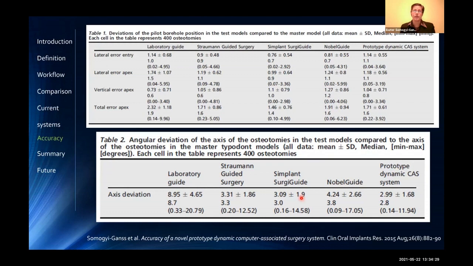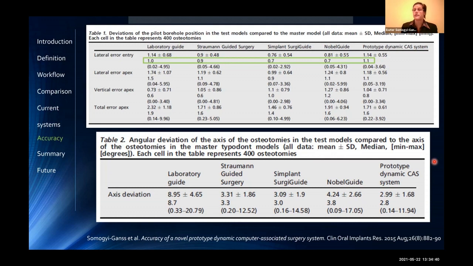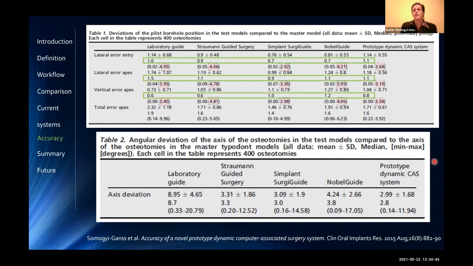I looked at the accuracies, and I compared it with just the laboratory guide, a Straumann guide, a Simplant guide, and the Noble guide. And the accuracy was actually very similar all across the board. What was really scary, and I was not the only one, so you can say, well, the values are like this because I have shaky hands, but I actually had 2 colleagues who helped me.